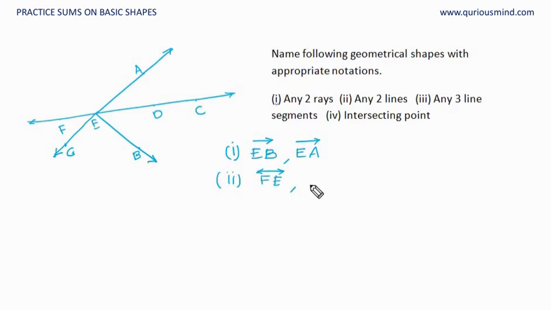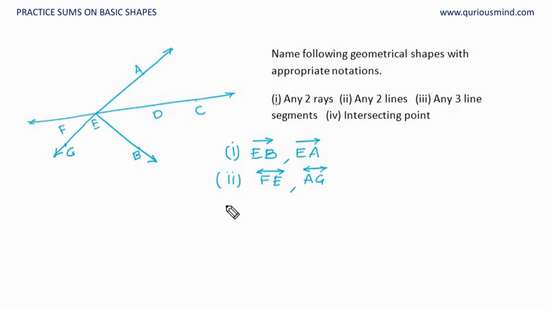So we can call the other line AG, and we can name these two lines in different ways. We can call this line AG, we can call EA or AE or GA or GE. We can use any 2 points on the line in any sequence. That is very important.